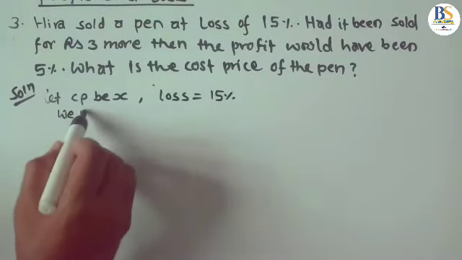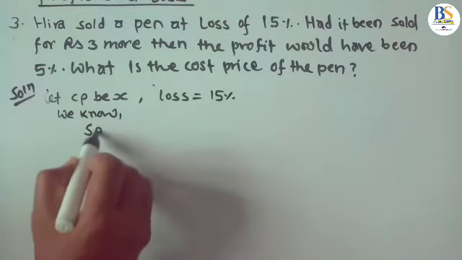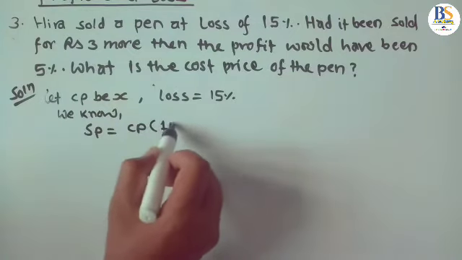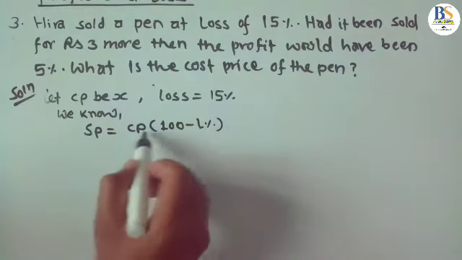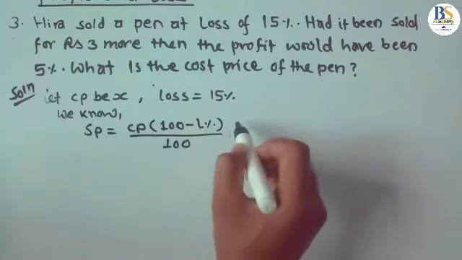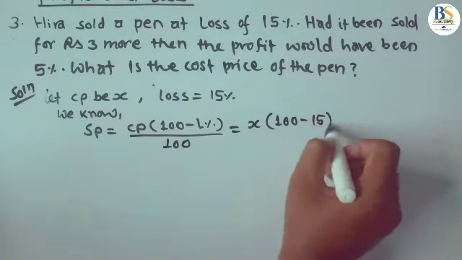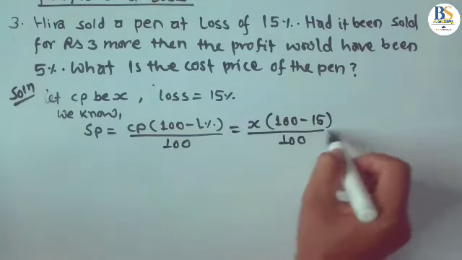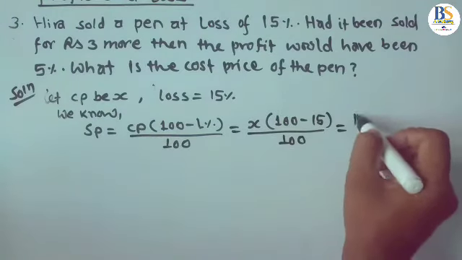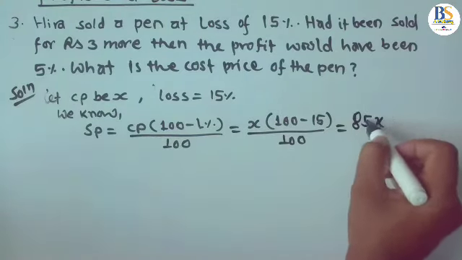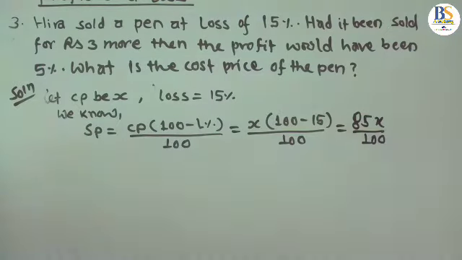We can find SP. SP equals CP bracket 100 minus loss percent upon 100. This equals X bracket 100 minus 15 upon 100, which equals 85x upon 100.